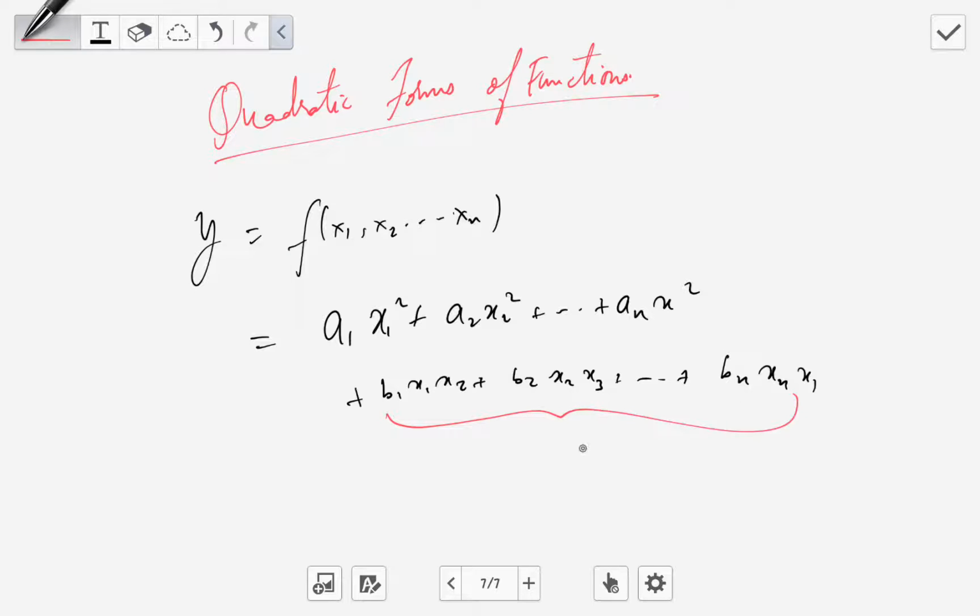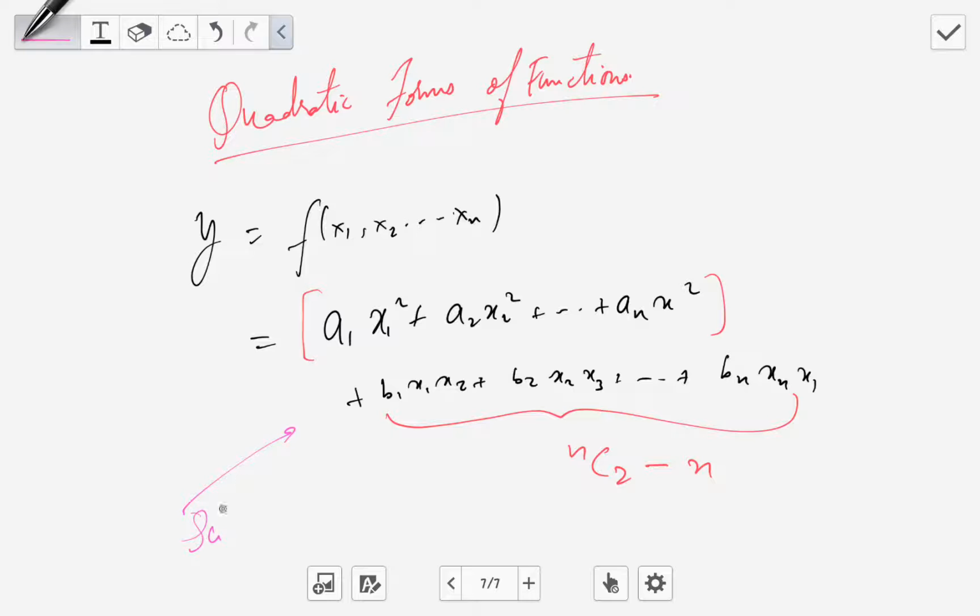These are nC2 of them, nC2 minus n of them, because n of them have already been included here. So nC2 minus n of them, all possible combinations.